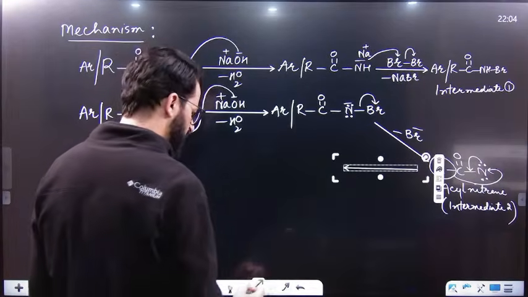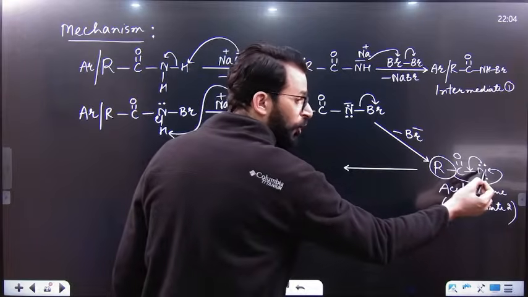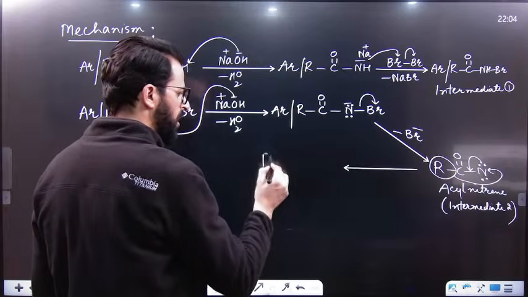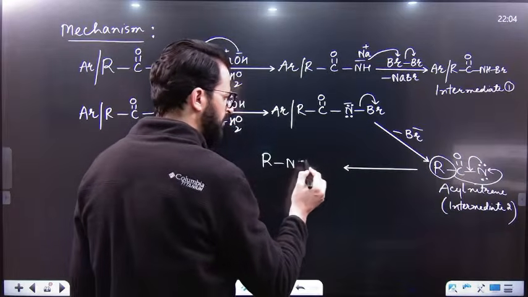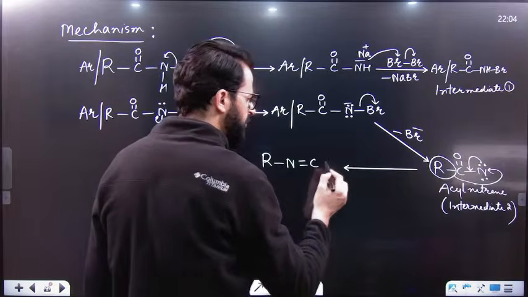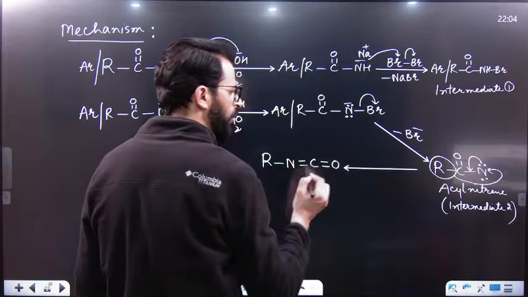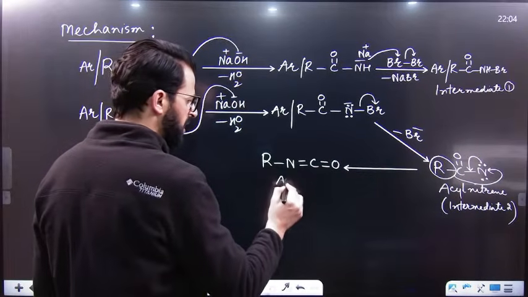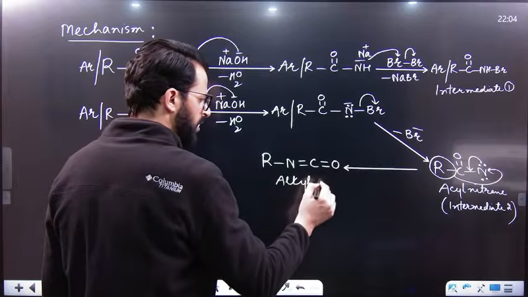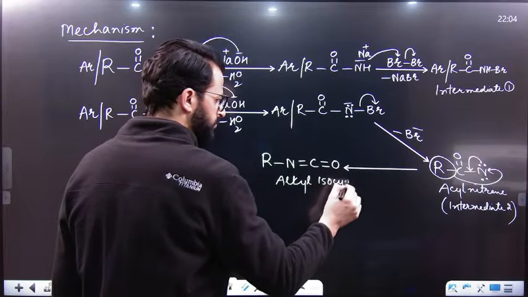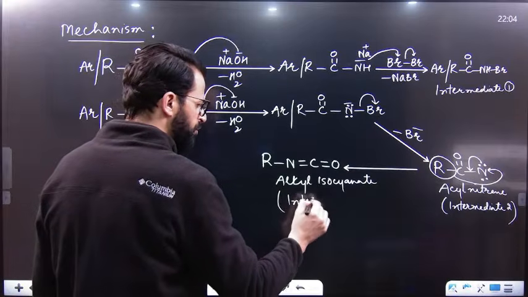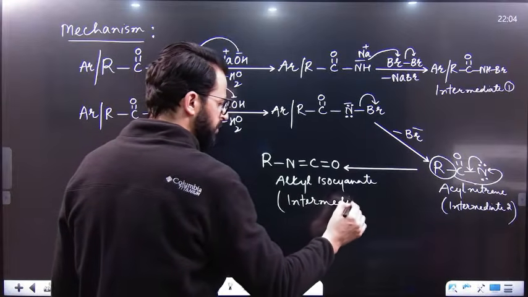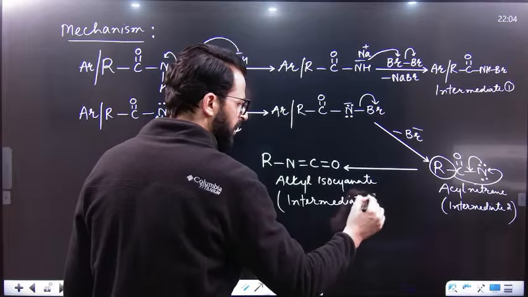A shift will take place and R will now be bonded to nitrogen. Then nitrogen forms a double bond with carbon, and carbon forms a double bond with oxygen. This is known as alkyl isocyanate. This is another intermediate of this reaction, so this is intermediate 3.